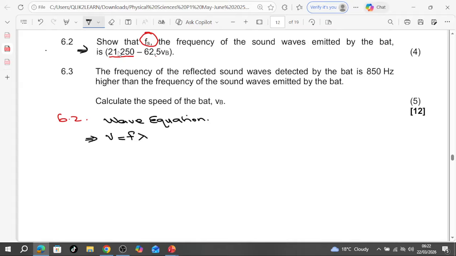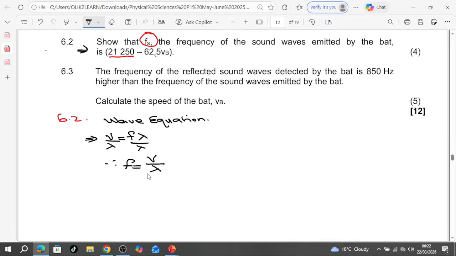All right, so let's make f the subject of the formula. We divide both sides by lambda, the wavelength. Therefore, my f is equal to v over lambda. So that's what we have now.